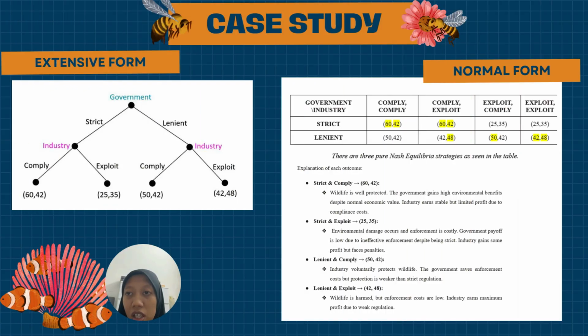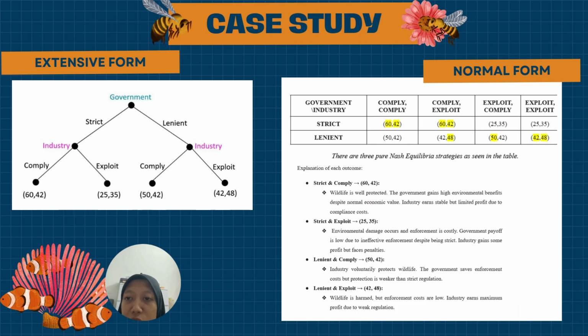Hi, I am Afika, and moving on to our case study. On the left side of the slide, you see the extensive form of this game. The game starts with the government making the first move. They can either implement strict enforcement or lenient enforcement. Once the government makes its decision, it is the industry's turn to move.